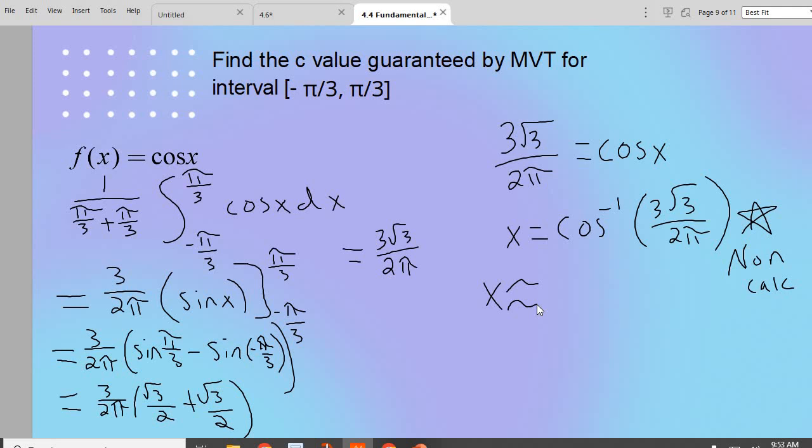I'm assuming that's in radians, yeah. Which notice, why would we want to be in radians? Because we're going from negative pi over 3 to pi over 3, right? So they gave us a question in radians, so we want to have an answer in radians.